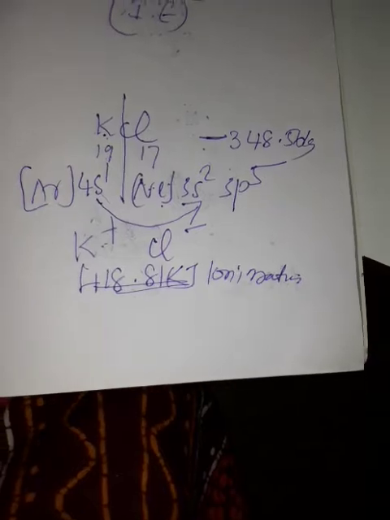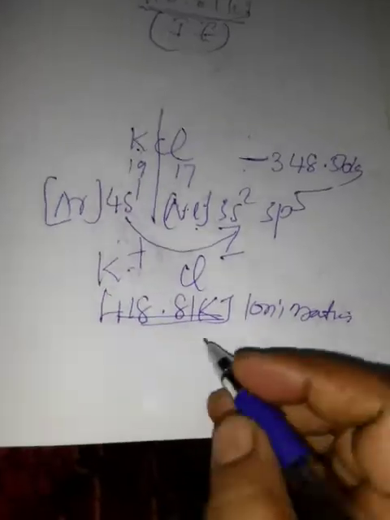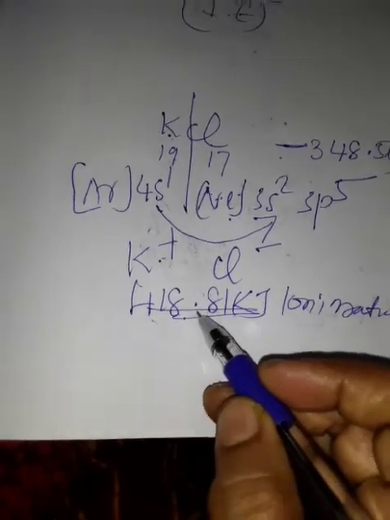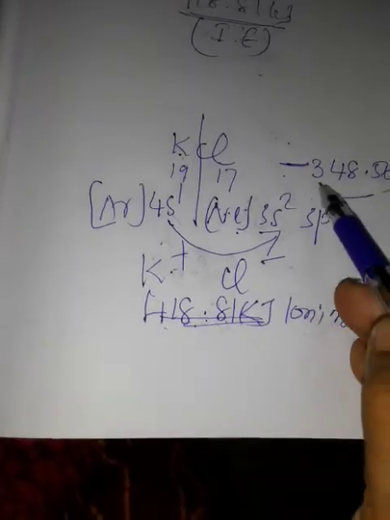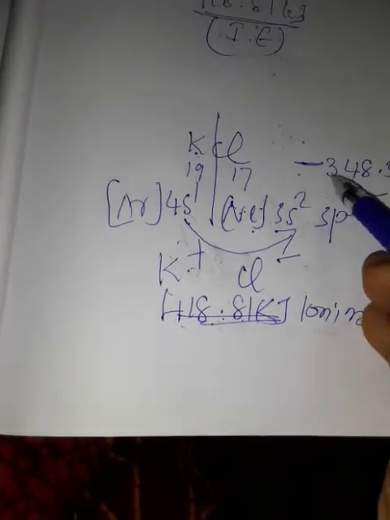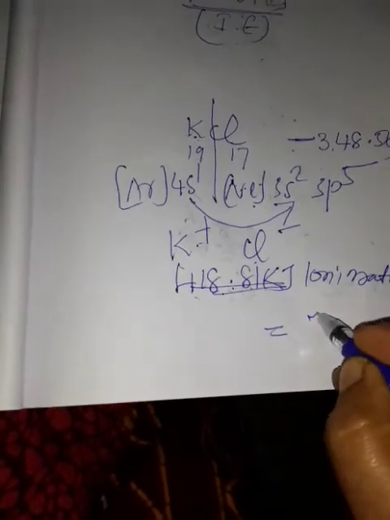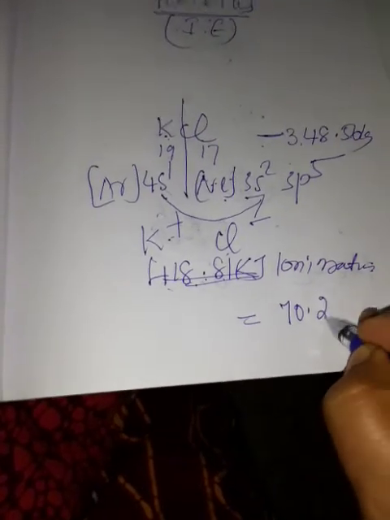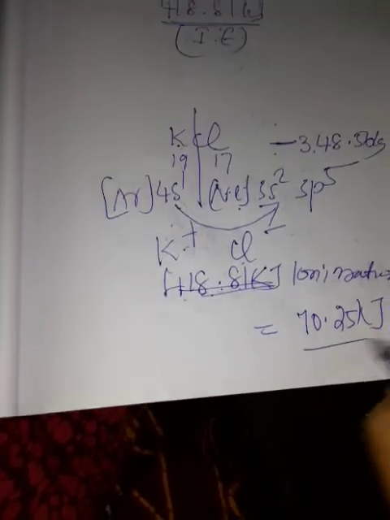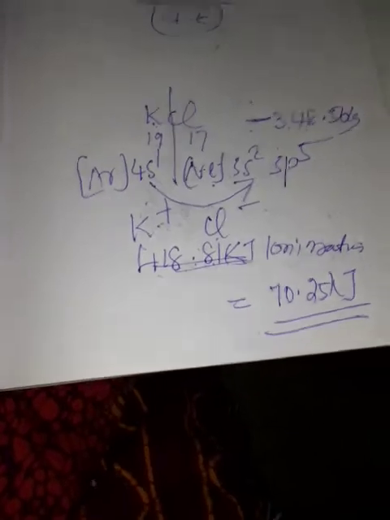So the sum of these two energies: potassium 418.81 kilojoule, chlorine 348.56 kilojoule. Adding both, we are getting the energy as 70.25 kilojoule, a positive value.